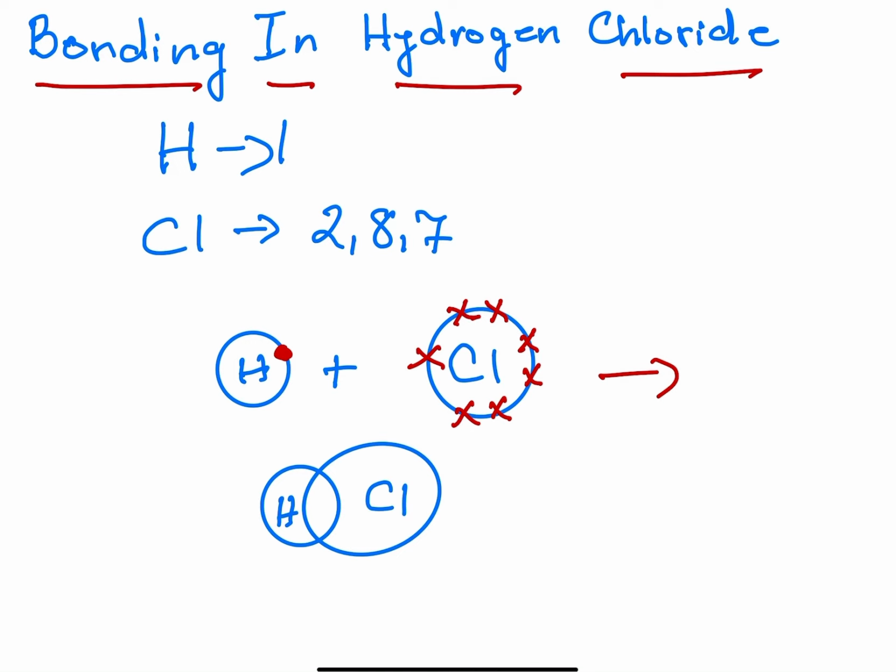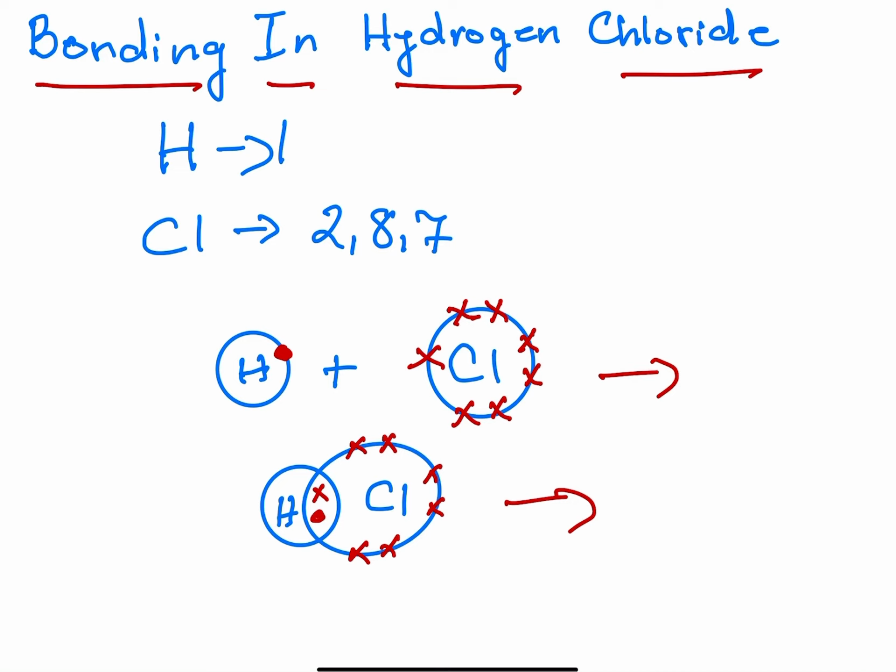Now let's show the electrons in hydrogen and chlorine and the electrons which are shared between them. So chlorine has 1, 2, 3, 4, 5, 6, and 1 electron it is sharing with hydrogen, whereas we can draw 1 electron of hydrogen over there. So this is how they form a covalent bond by sharing of electrons.